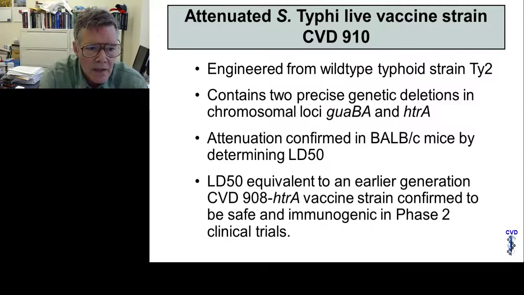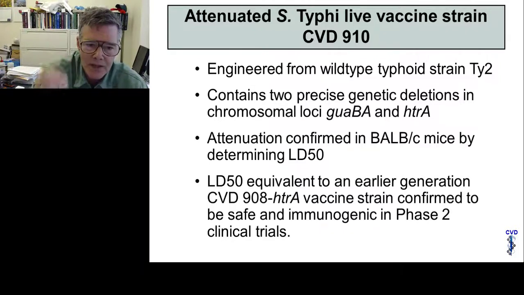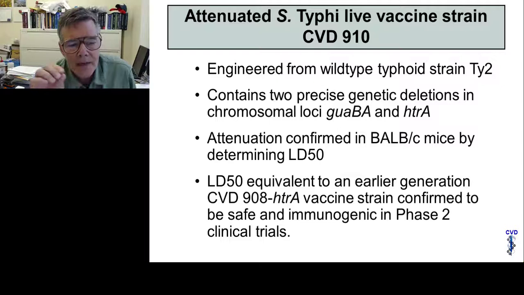Okay? So our vaccine strain that we started with, remember I said I had to go back and re-engineer a vaccine strain because our original vaccine strain, CVD908-htrA, was perfectly balanced, but then when we started expressing foreign antigens, it became over-attenuated. So I went back and engineered a strain called CVD910.